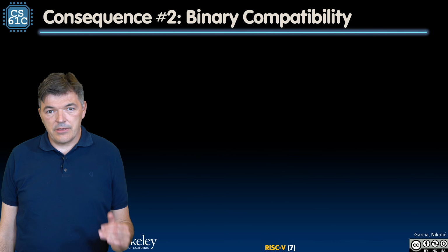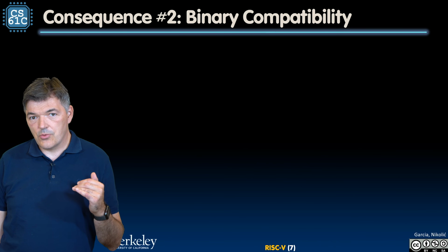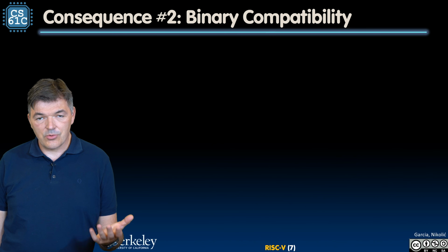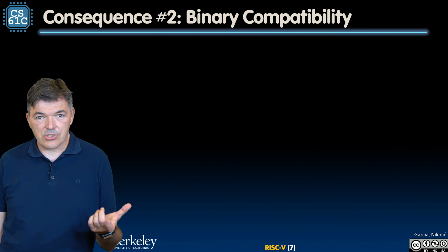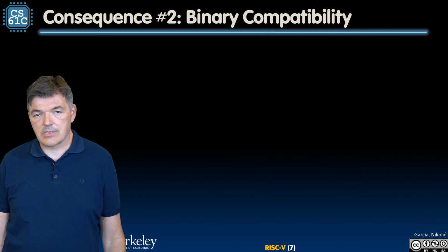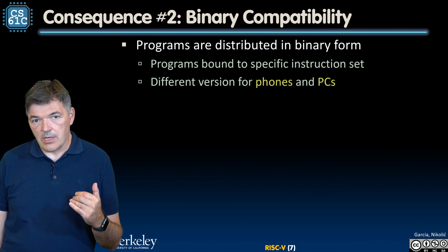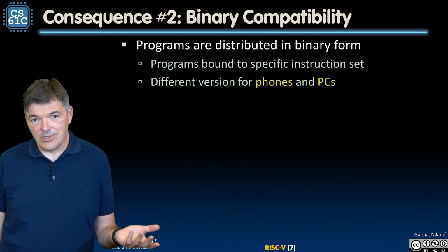All right, there are quite a few really important consequences that are due to this representation of everything as binary numbers. The first one is binary compatibility. Programs are now, for convenience, distributed in a binary form.